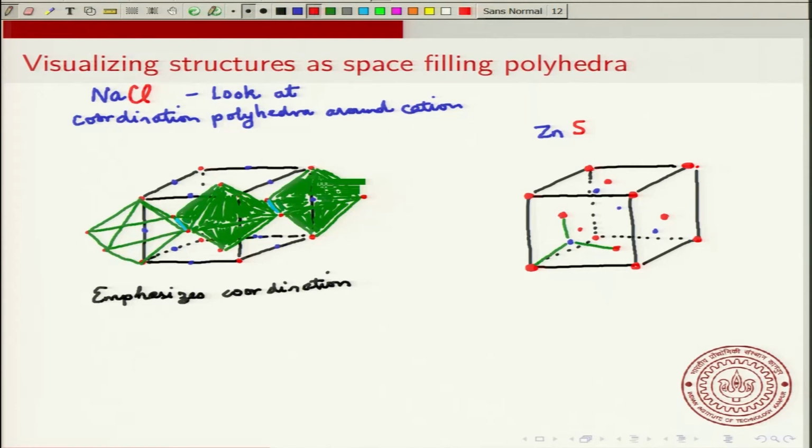I did not show. It is closest to these 4. And now you can see that the coordination polyhedra will be a tetrahedron. So, it will look like this.